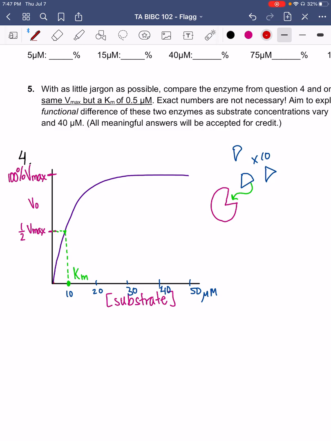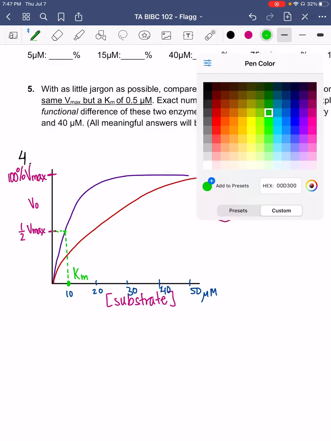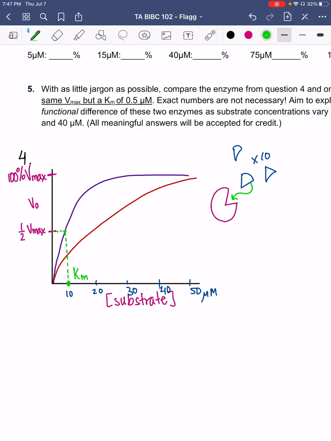Now, if there is another enzyme that has a kinetics graph like this one, let's take a look at its Km. Its Km is going to be a lot bigger, twice as much, right? So this enzyme is going to need twice as much substrate to work at 50% of its Vmax.